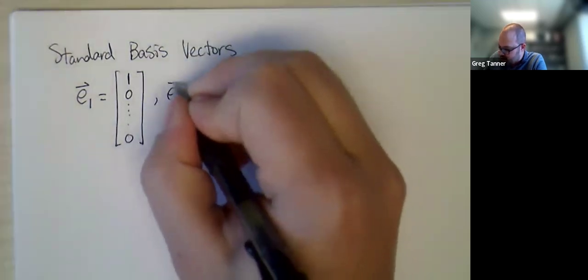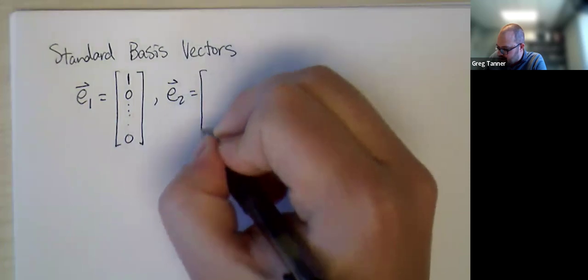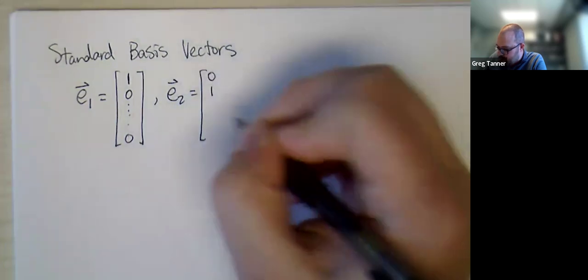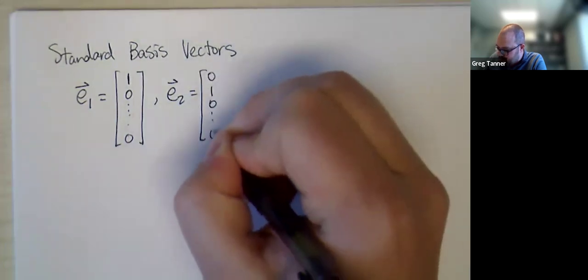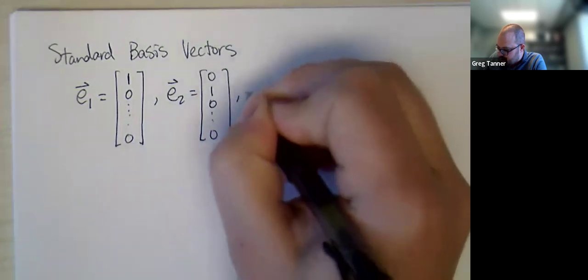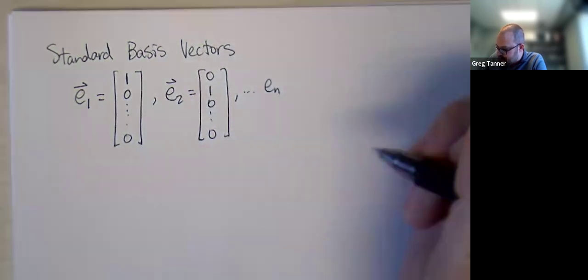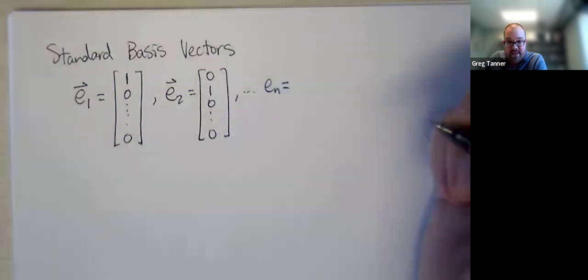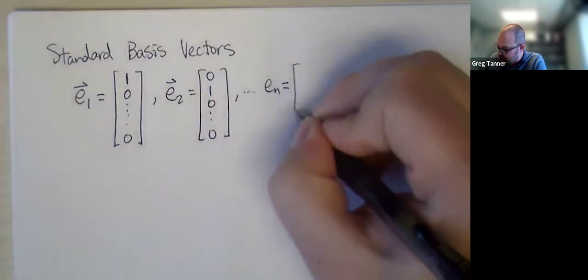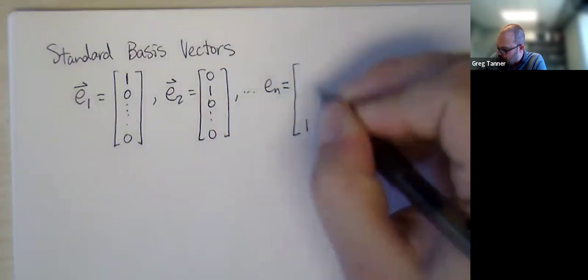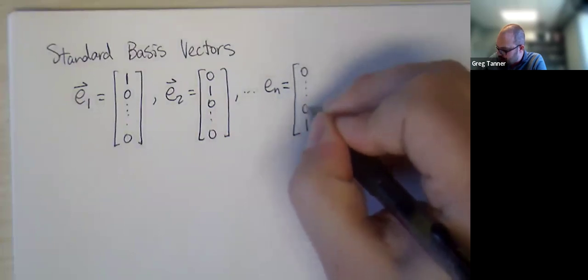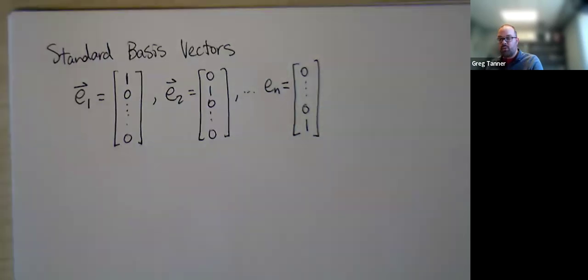The second standard basis vector, E2, has a 1 in the second spot and zeros everywhere else. All the way to, let's say we're dealing with vectors of length n. The nth standard basis vector has a 1 in the nth spot, or the last spot, and zeros everywhere else. Okay. These standard basis vectors are really handy and useful for picking apart our matrices.